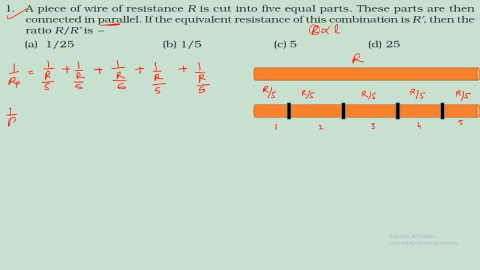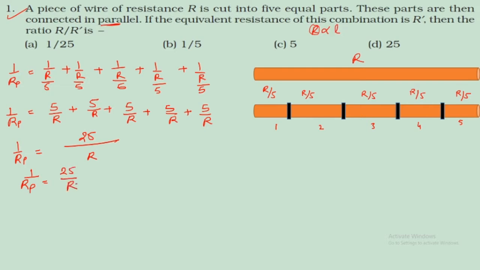So now 1 by Rp equals 5 upon R, again 5 upon R, 5 upon R plus 5 upon R and lastly 5 upon R. So now 1 by Rp becomes, R is the LCM, and 5 into 5 times we get 25. So 1 by Rp becomes 25 upon R.